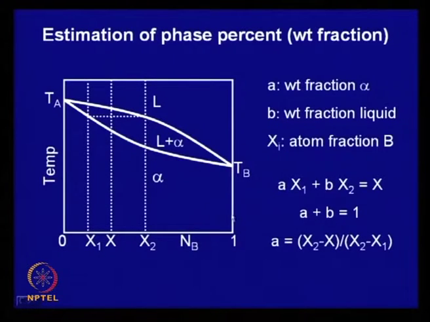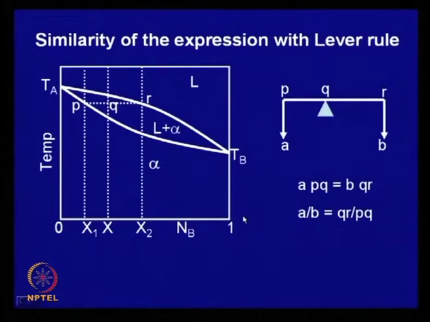In fact, this is very much similar to what you call a lever. Imagine this is the tie line, and this point Q is the fulcrum, you have a lever, and this weight fraction A represents the weight fraction of alpha over here, and these points we call P, Q, R. Q is the fulcrum, P is where this weight is applied, similarly R, and at this place B is the weight of the liquid, and you balance both, take the moment.